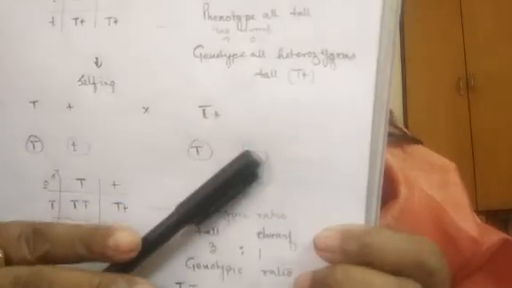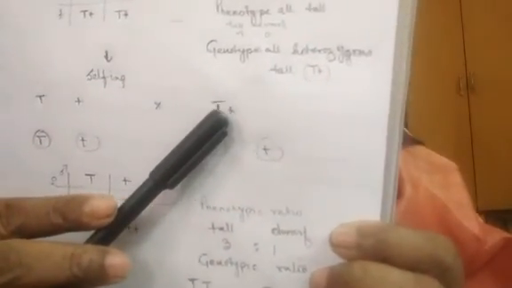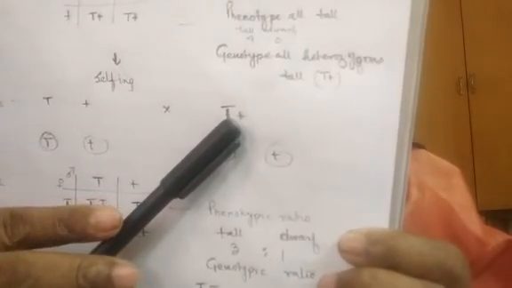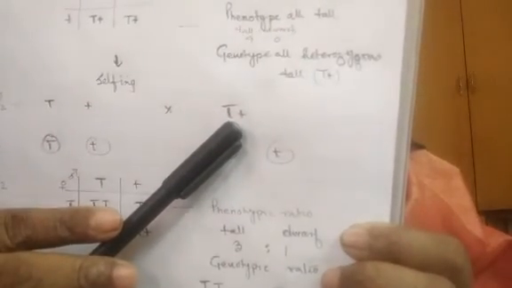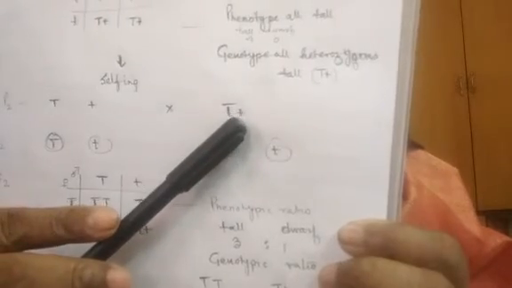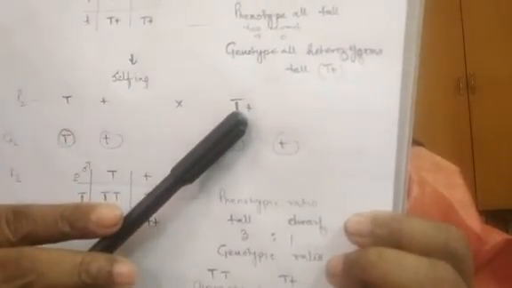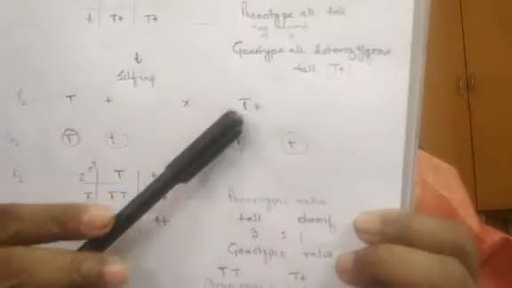So this is the law of segregation: when 2 factors are present in an organism, because Mendel didn't know about genes or alleles, he used the term factors, they segregate from each other during the formation of gametes, and each gamete receives only one of the factors.